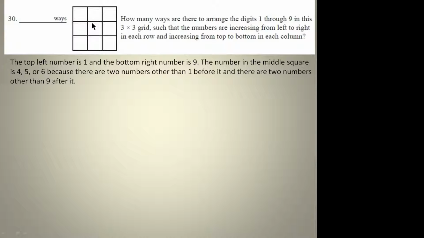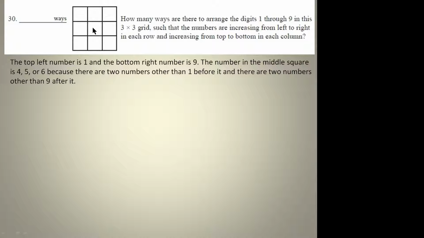It might be 4, 5, or 6, but it cannot be 7, because here you have this square and that square bigger than the middle, that's 9 and 8. If you put 7 here, then only 8 is left for those 2 squares. That would be wrong. So the middle can be 4, 5, or 6.